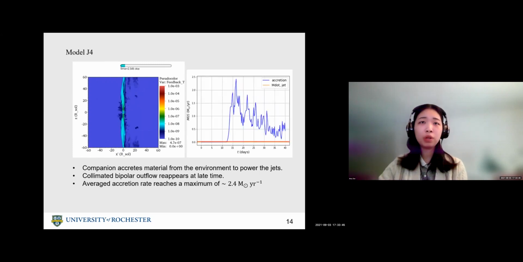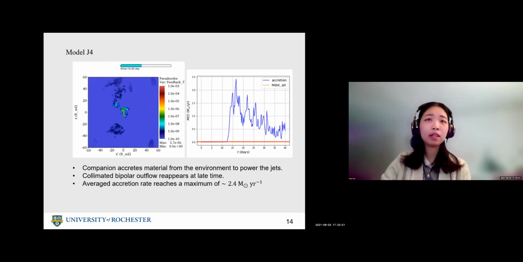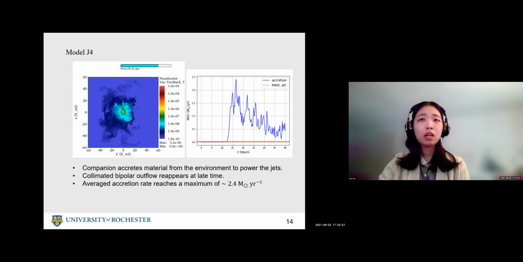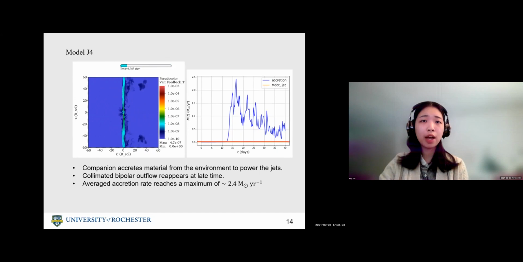And that's because if we measure the instant accretion rate onto our companion, we can see this blue curve, it's really like 100,000 times above our jet mass loss rate. So the dominant factor here is the accretion.